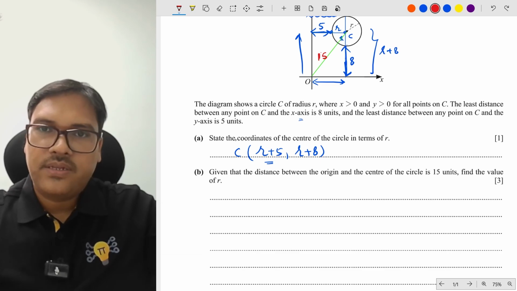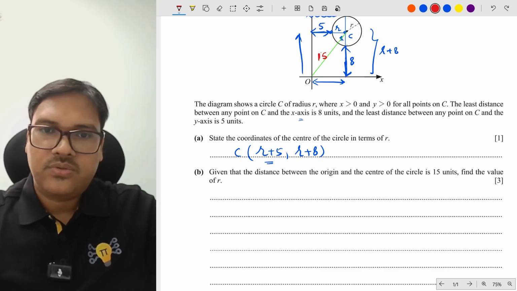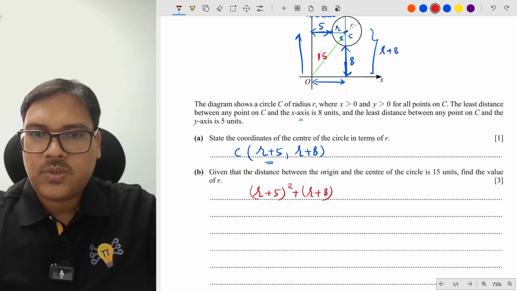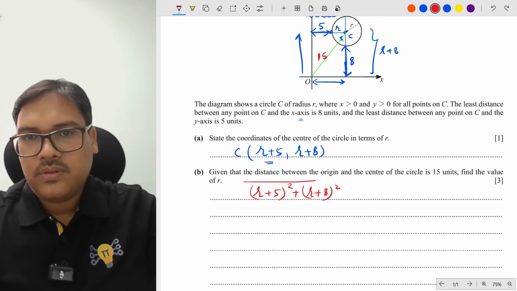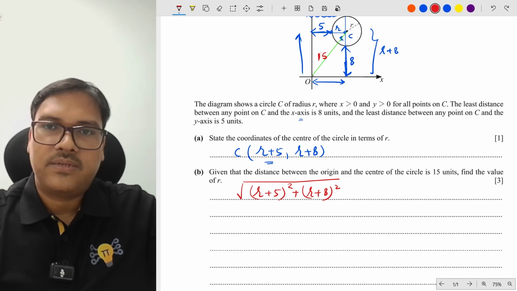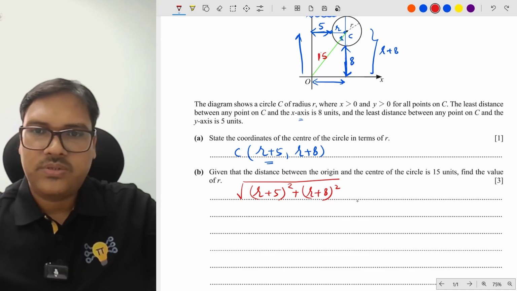So what is the distance between the center and the origin? You can clearly see this is the square root of (r plus 5) square plus (r plus 8) square, from the formula x2 minus x1 square plus y2 minus 0 square, right? This is the origin, (0, 0), and this is equal to 15.